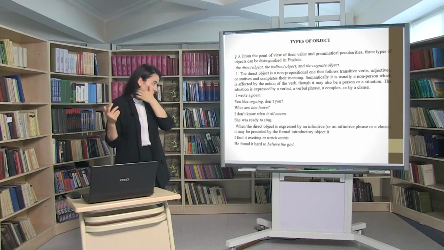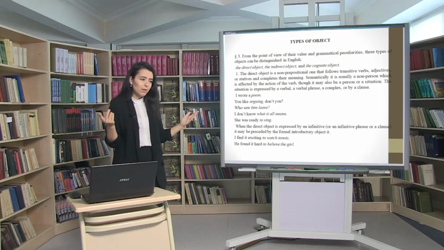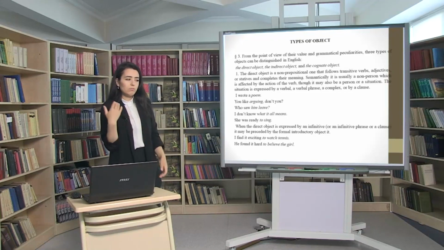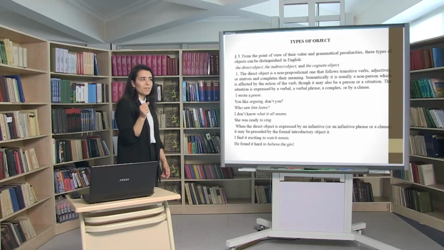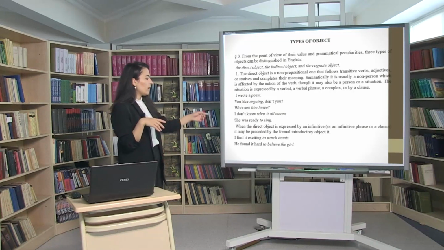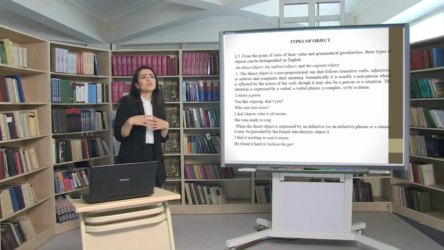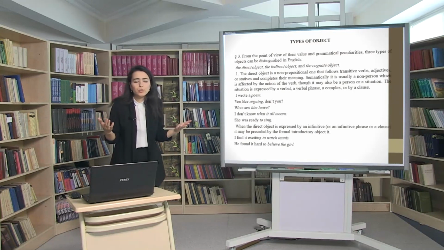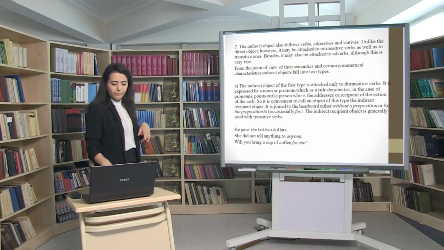In these sentences, this is only formal. It doesn't have any notional meaning. Simply, it is an introductory object. Here, I found it hard to believe that girl. Or I found it very uninteresting to watch this film. Or I think that is enough for it.